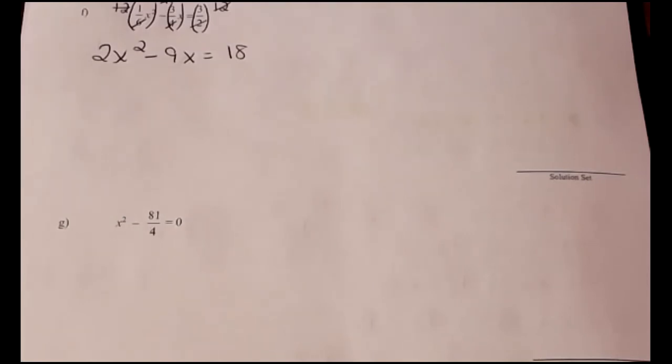Tiana, in this case, what's your LCD? This I don't know. What is your denominator? 4. Yes, that's your LCD. That's okay too. Even if you're looking at the 81 and you're thinking, well, 4 and 81, they don't have anything in common, that's totally okay, because really your only goal here is to cancel fractions.